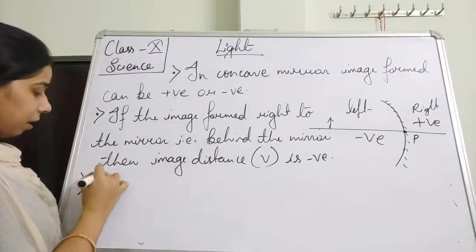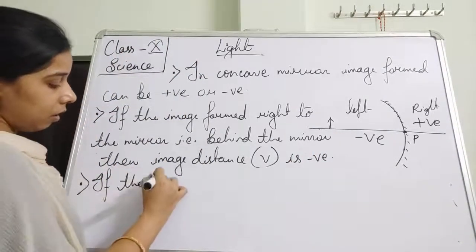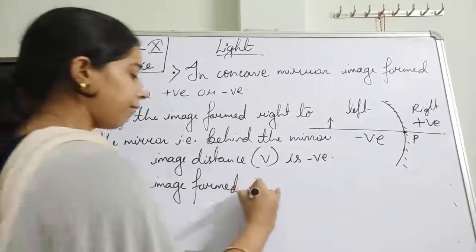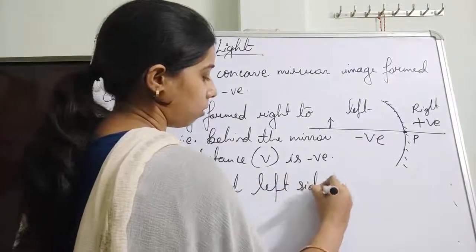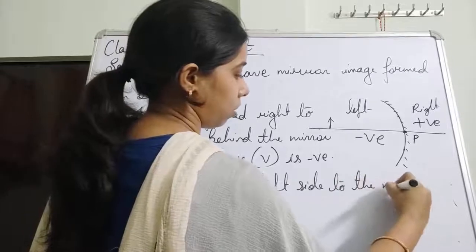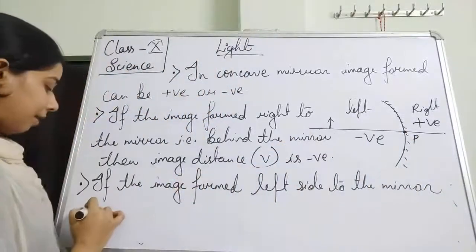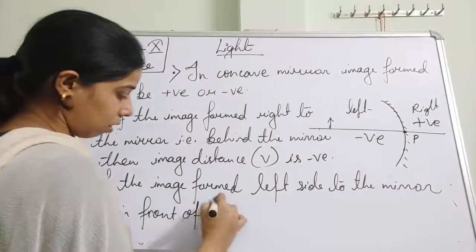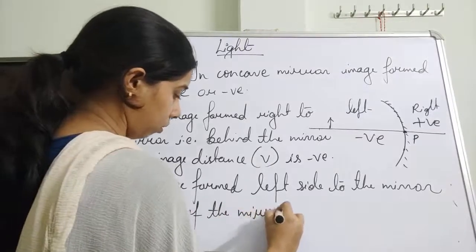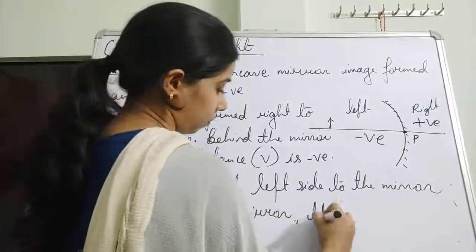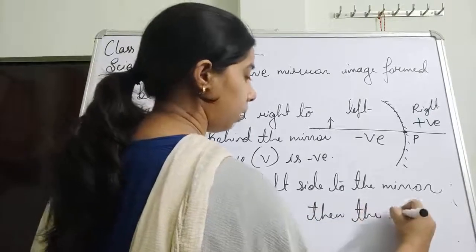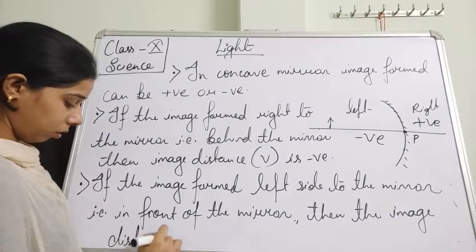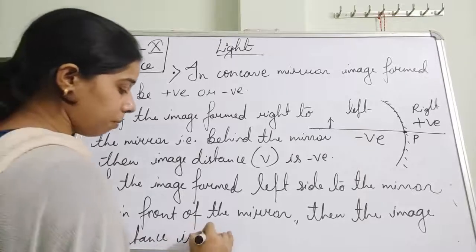The second case is if the image is formed at the left side of the mirror, that is in front of the mirror, then the image distance is positive.